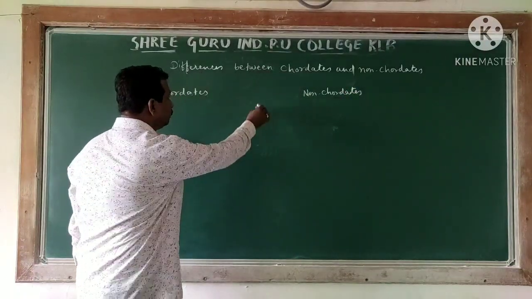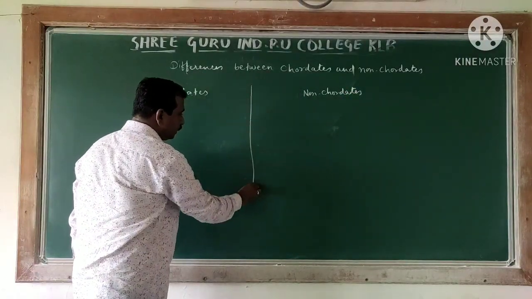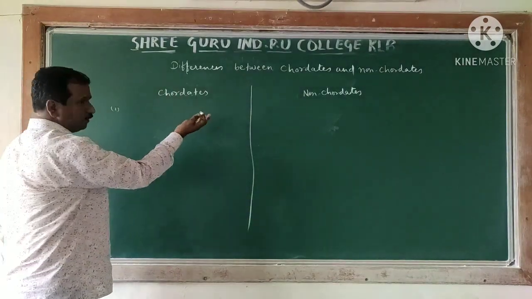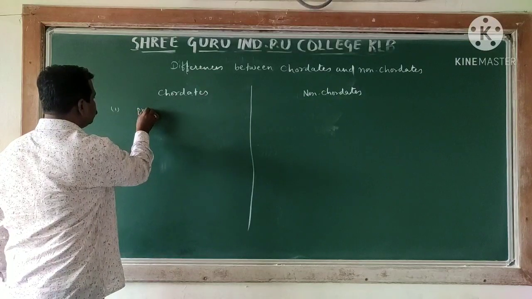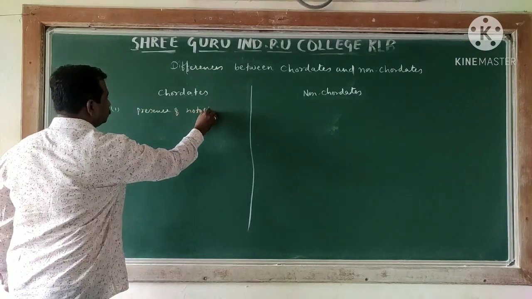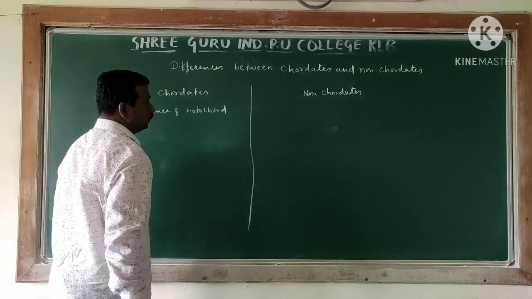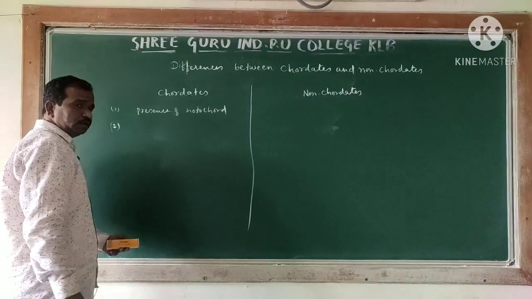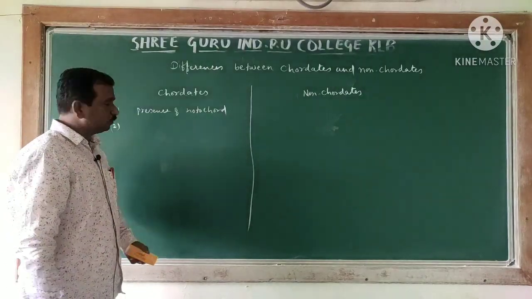So now what differences are we going to observe here? See what differences there are. Number 1, same thing, presence of notochord. Next what are we writing? Notochord, nerve cord and the gill slits, we have to write.